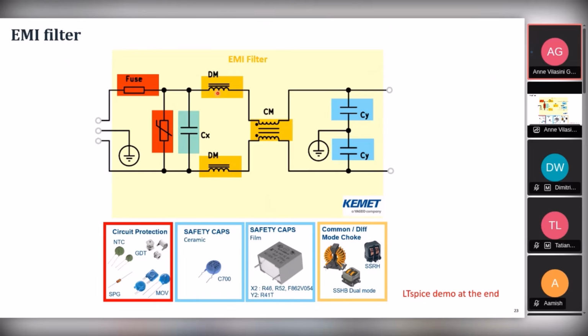Now, these two differential mode inductors need not be discrete, they can be derived from the common mode choke. Like we saw, every passive has a parasitic within it. So we make use of the leakage inductance of the common mode choke, and we use it for filtering the differential mode noise. And these are the different protection components that we have normally for protecting from over voltage spikes.